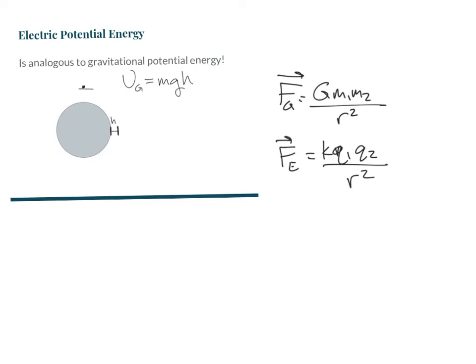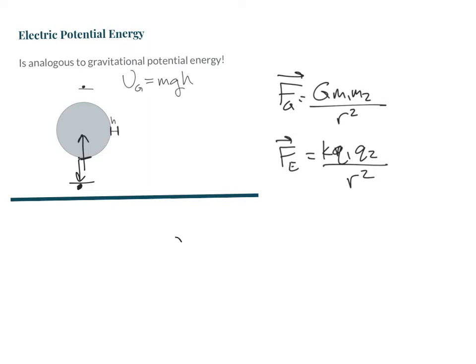The way we generate gravitational potential energy is we move something in the opposite direction of that force. The force of gravity is pulling towards the center of the Earth. If we take an object and move it outwards, away from the center of the Earth, we give it potential energy, because if we let it move again, it's going to fall back towards the Earth. Electric potential energy works pretty much the same way.